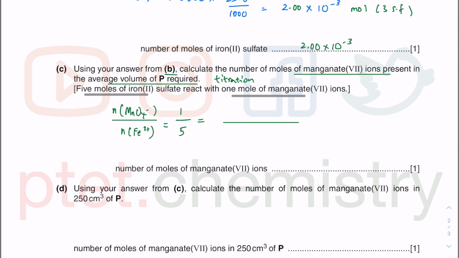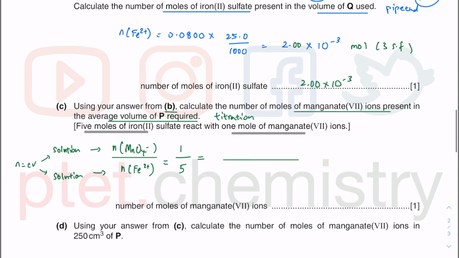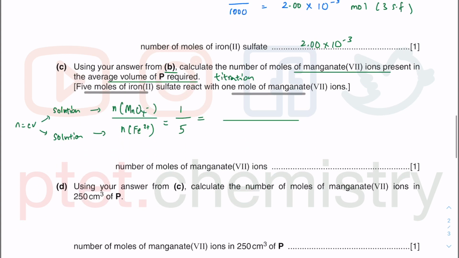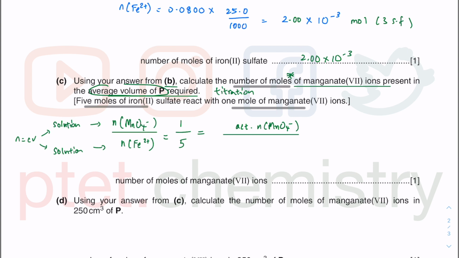On the other side, this is a solution. And then at the bottom, this is a solution. So this goes back to n equals CV, where I already talked about the importance of units and to keep an eye out for the conversion of cm³ to dm³. So we know based on the average volume of P required, but they are not asking for concentration or anything. They're asking for the moles. So I just need to find the actual moles of MnO4⁻ that reacted with this actual moles of iron 2 sulfate.